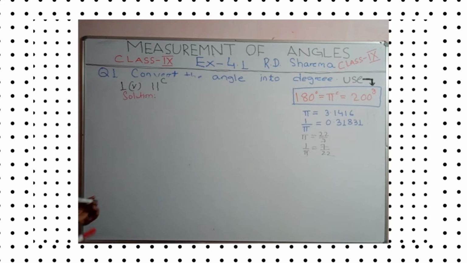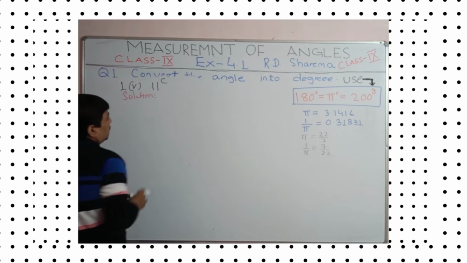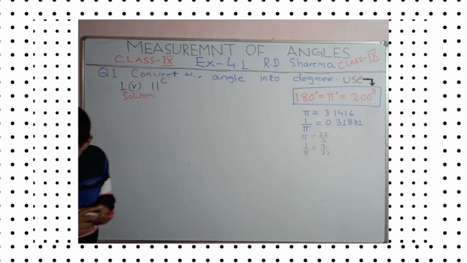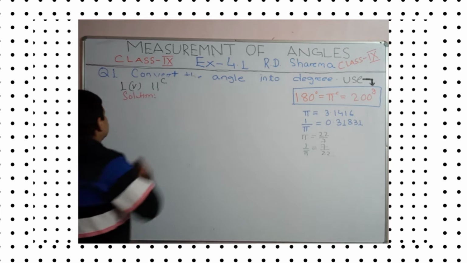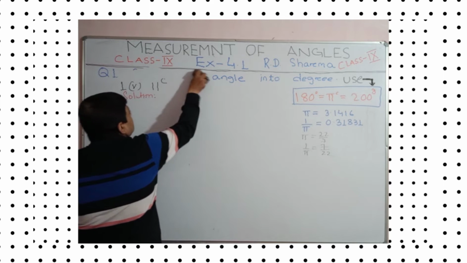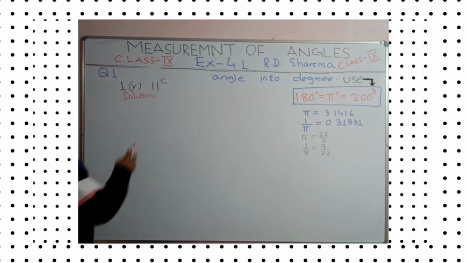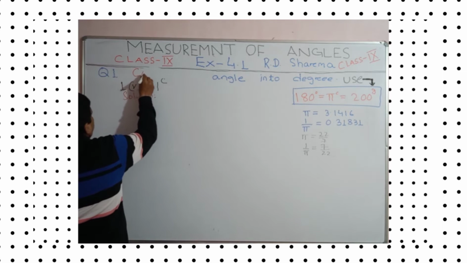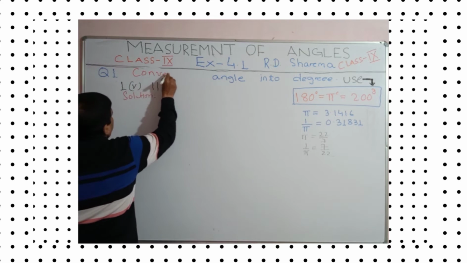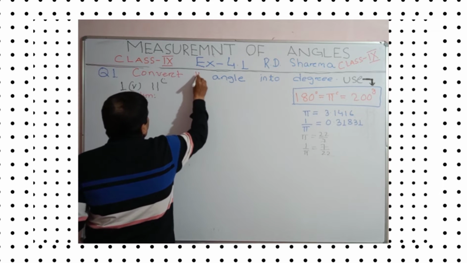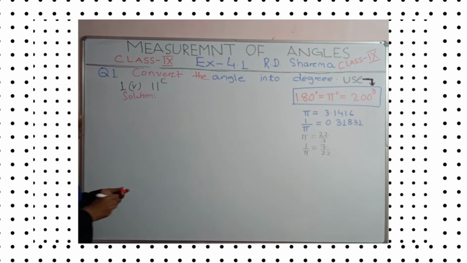In this question it is given 11 radian, and we are going to convert radian into degree.